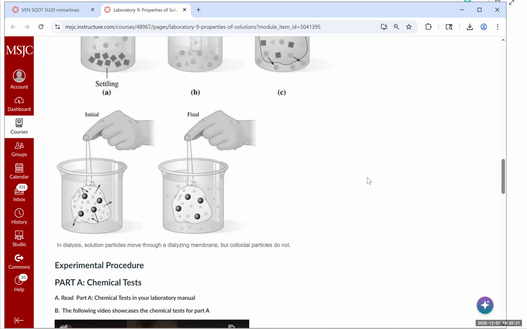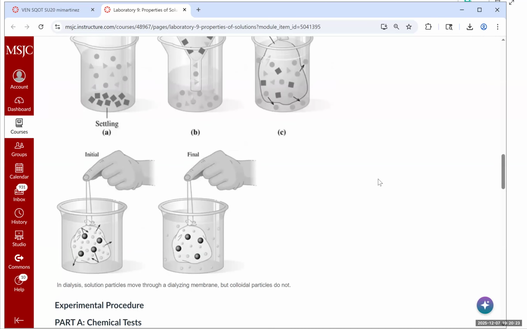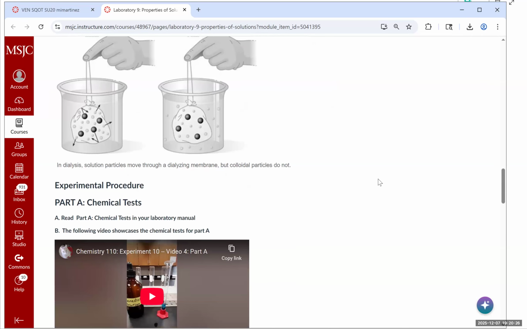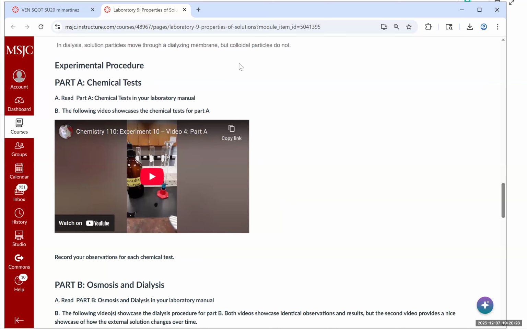So I'd encourage you to read the introduction section of this laboratory on your own time. You'll also want to have this laboratory page open as we will be discussing the videos and photos provided as part of completing today's lab.